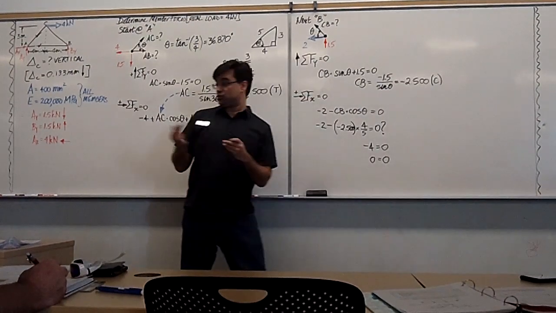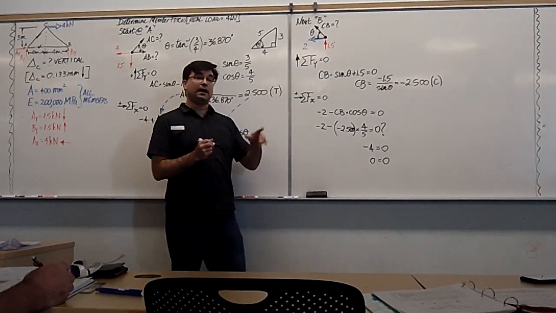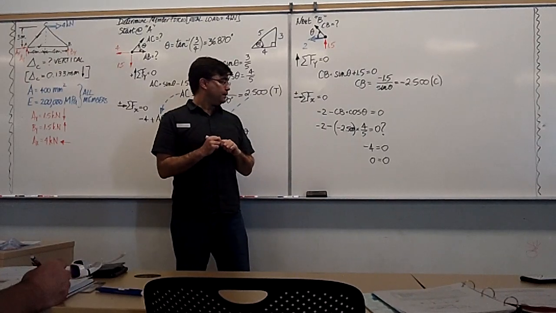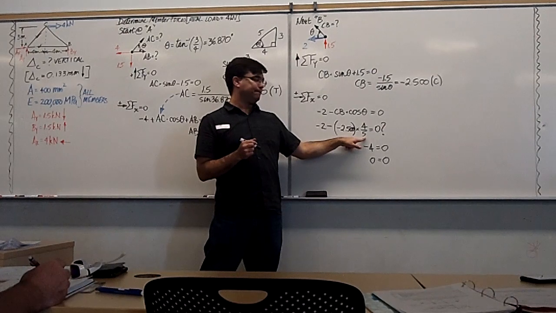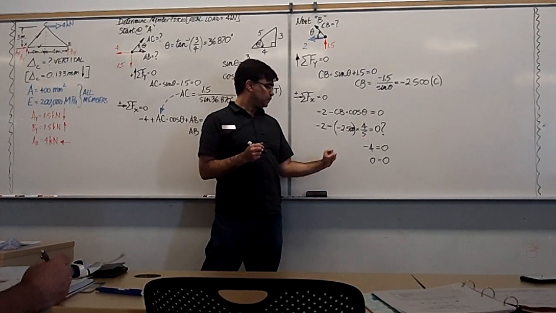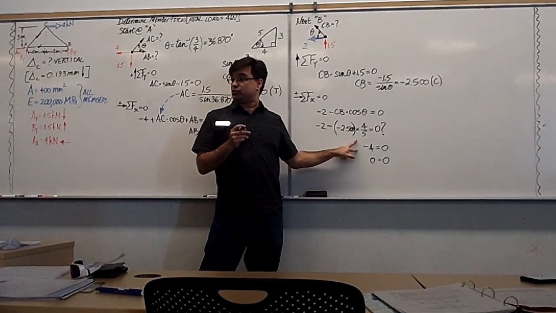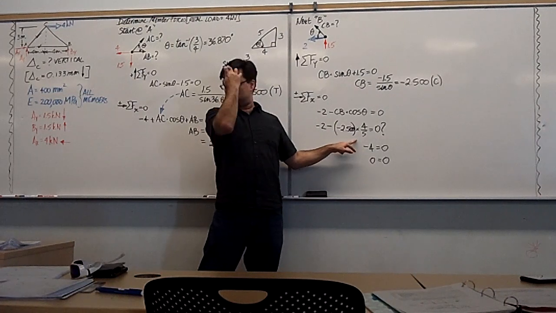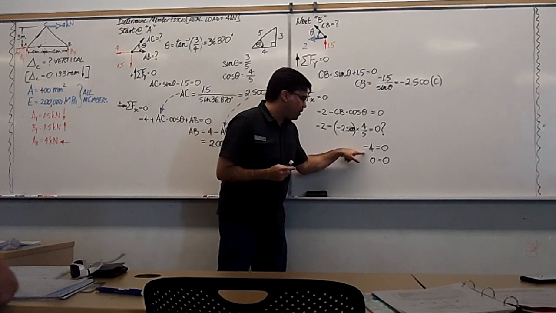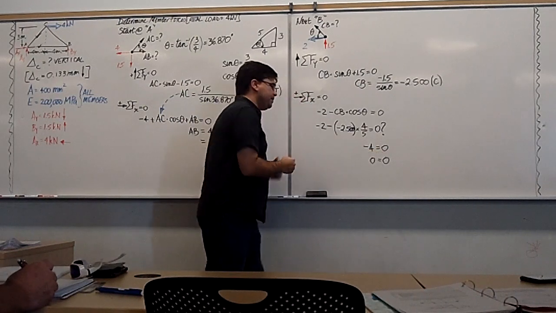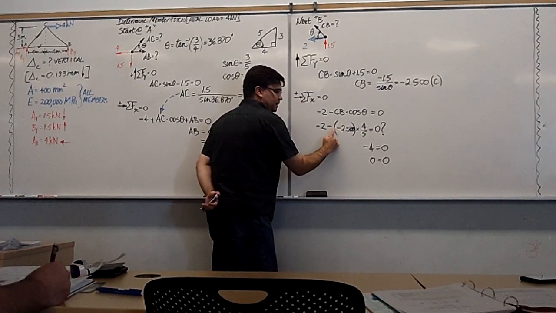Anybody else get a different answer? Please shout it out. You would have to put the cos in front of the 4. No, you don't need it. Anybody else get a different answer here? I am inviting you just so we can see. If you've gotten this number here, it might be that you forgot about these two negatives.